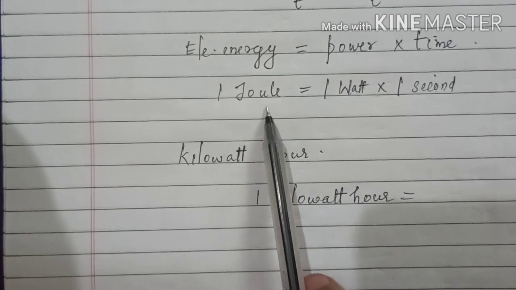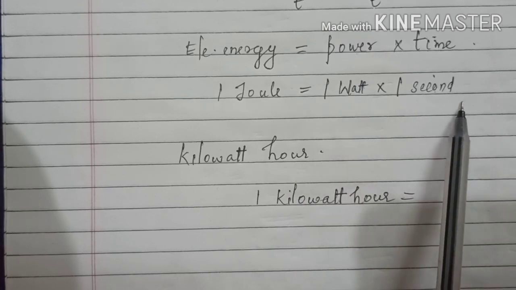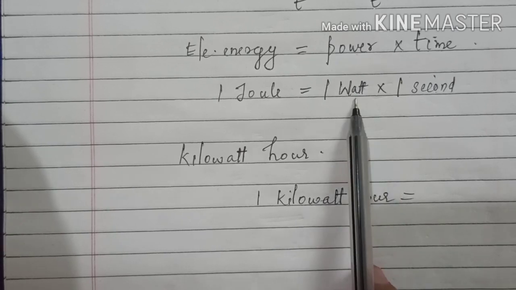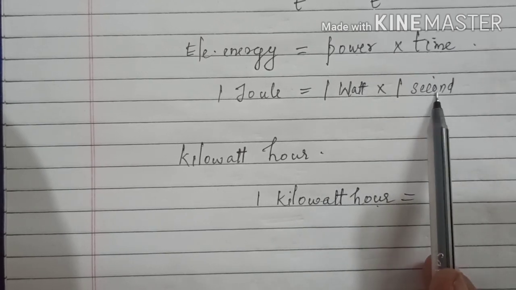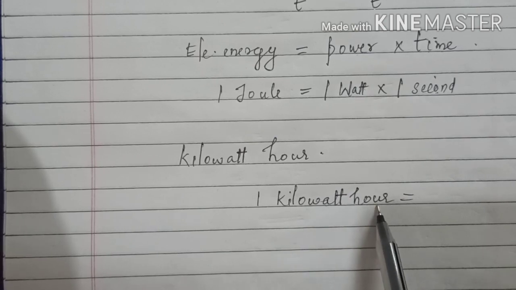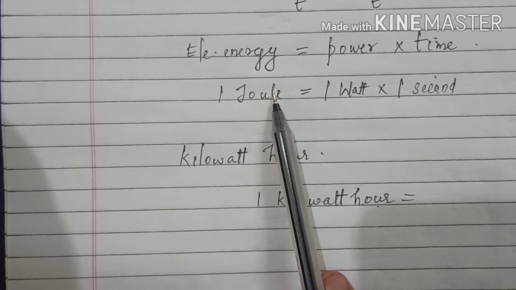Now joules means what? In terms of watt and second. That is, you have to convert this kilowatt into watts and hour into seconds. If it is converted to watt and second, that will be equivalent to joule. Understand?